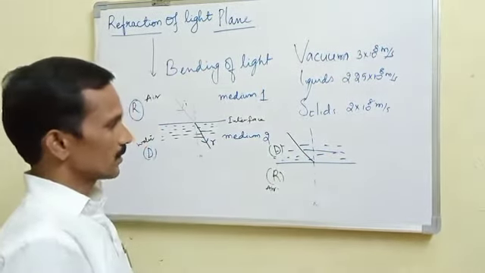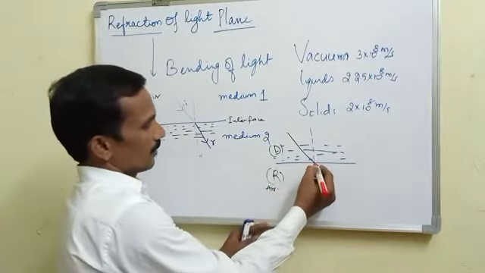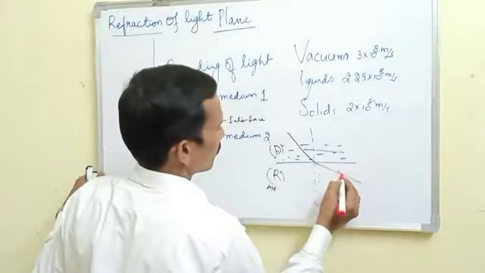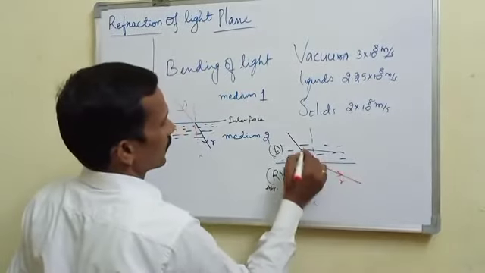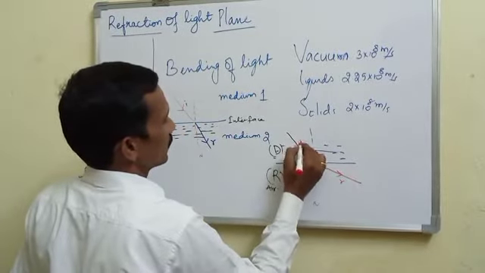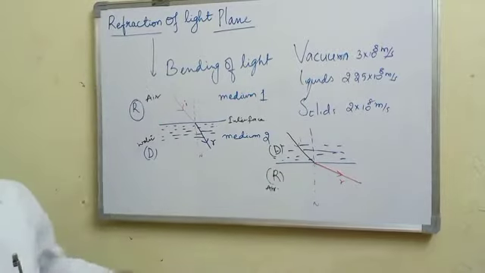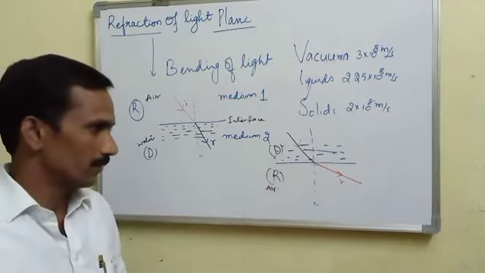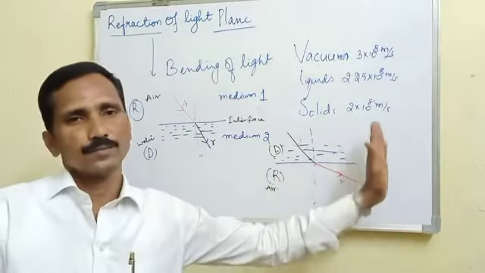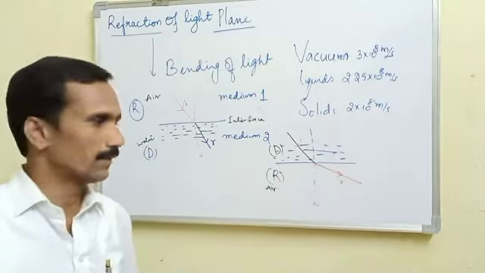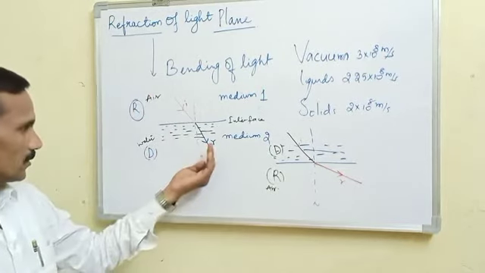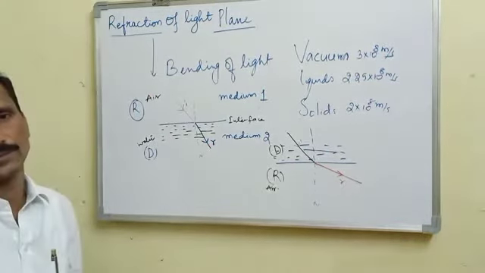The refracted ray after refraction moves away from the normal. This is the refracted ray, this is the incident ray. When a light ray propagates from denser medium to rarer medium, the refracted ray moves away from the normal. When it propagates from rarer to denser, it moves towards the normal.